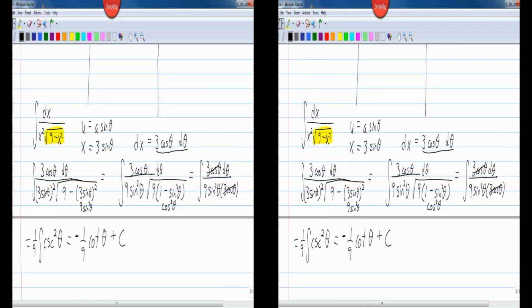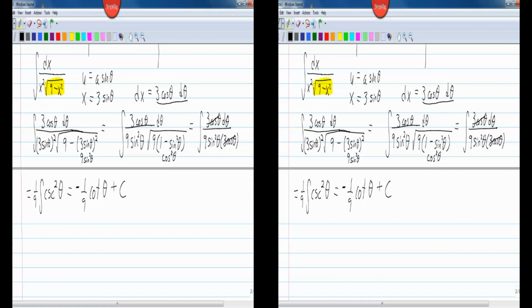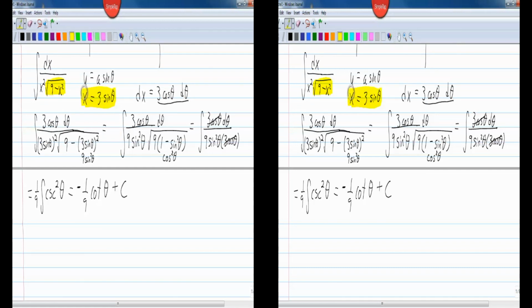The way that you do that, really the key to doing that, is this statement right here. You go back to where you have x equal to something, and it's a something times a trig function. Okay, write that down again. So x equals 3 times sine of theta. Now, I could divide both sides by 3, and I could have sine of theta is equal to x over 3.